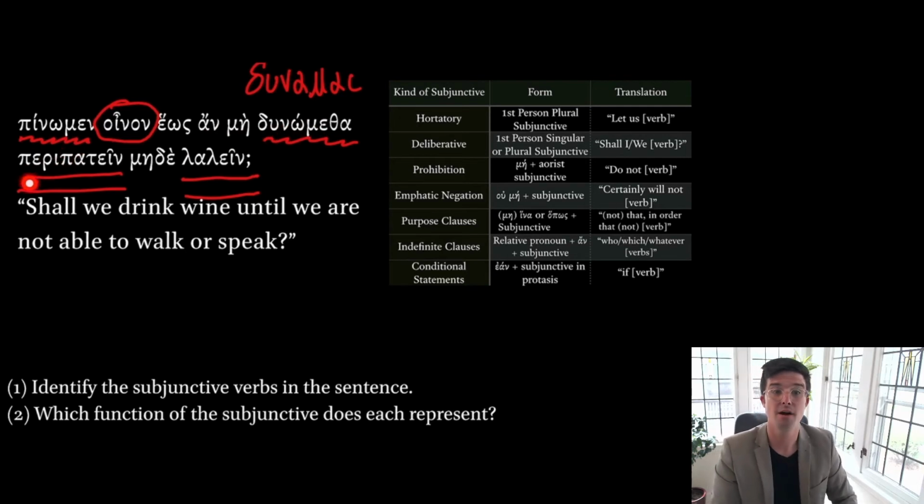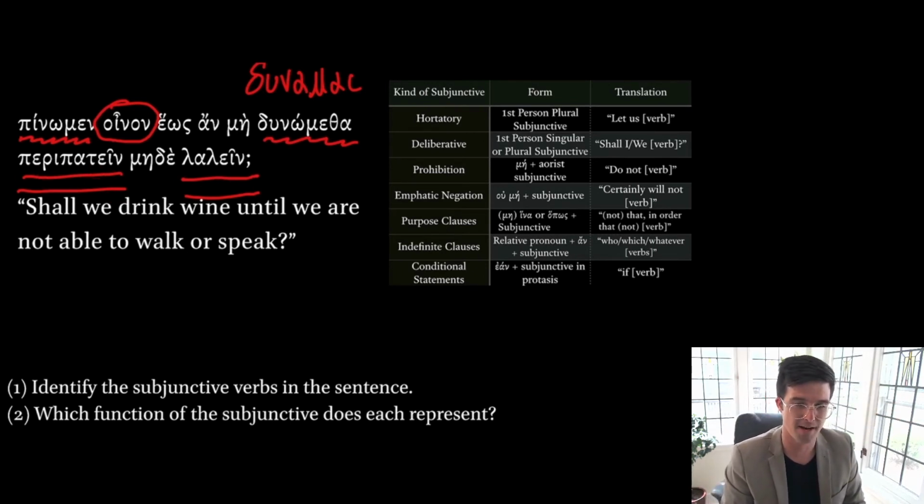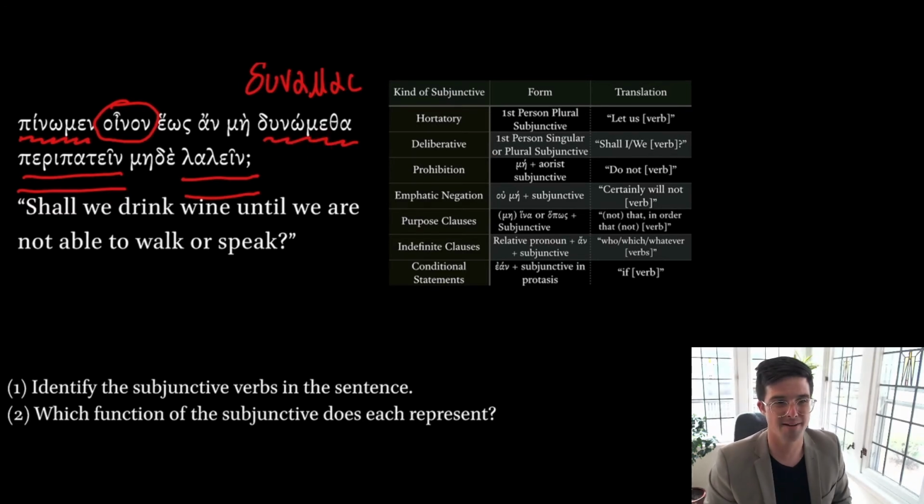And that's why we have what kind of infinitive here? If we're thinking about our functions, remember back to our functions of the infinitive. What's our function of the infinitive that completes the idea of another verb? That's right, the complementary infinitive. It takes its name from the fact that it completes something. So two complementary infinitives closing out the sentence and complementing or completing the verbal idea of dunometha.